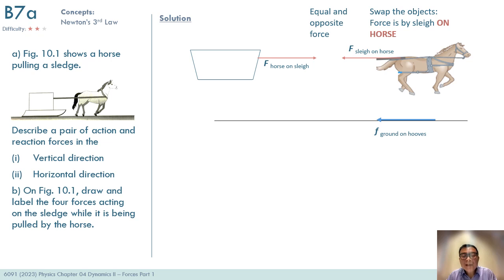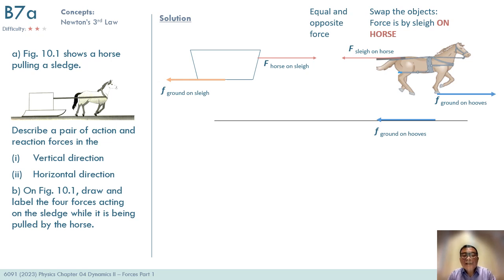That is in blue. The same technique applies. Reverse the direction of the vector and swap the objects. So we're looking at a forward force, and when you swap the objects, we realize that the ground is pushing back onto the horse and pushing the horse forward. That's the reason why when we kick back on the ground, the ground pushes us forward and we can move forward. So this is a second pair of forces.